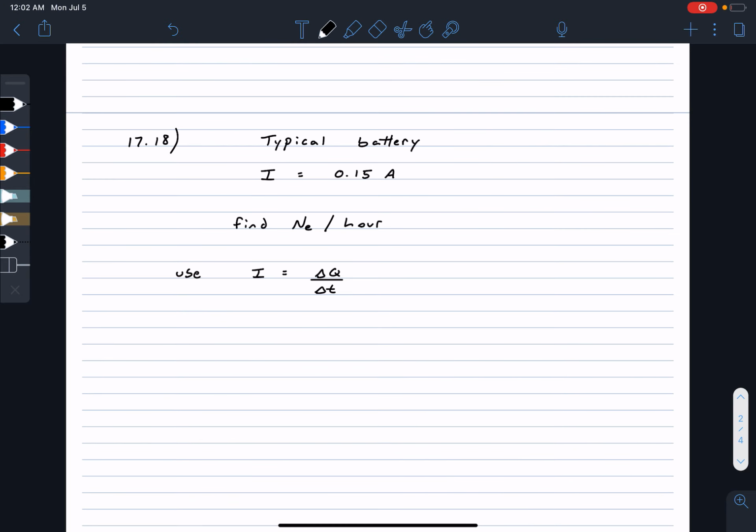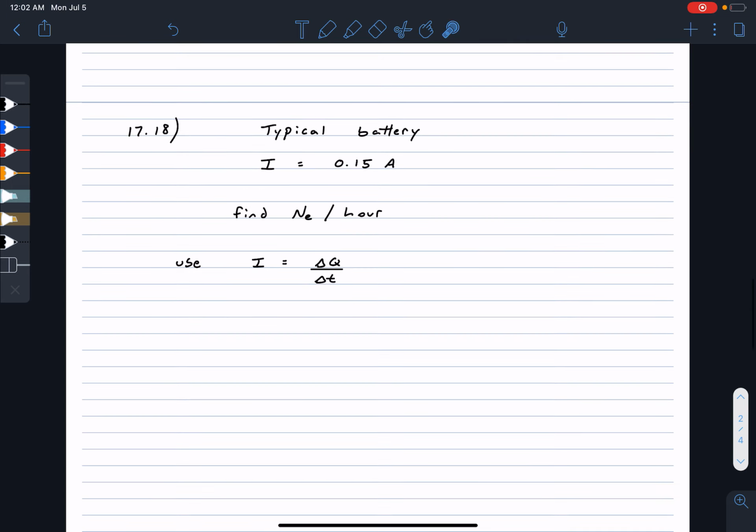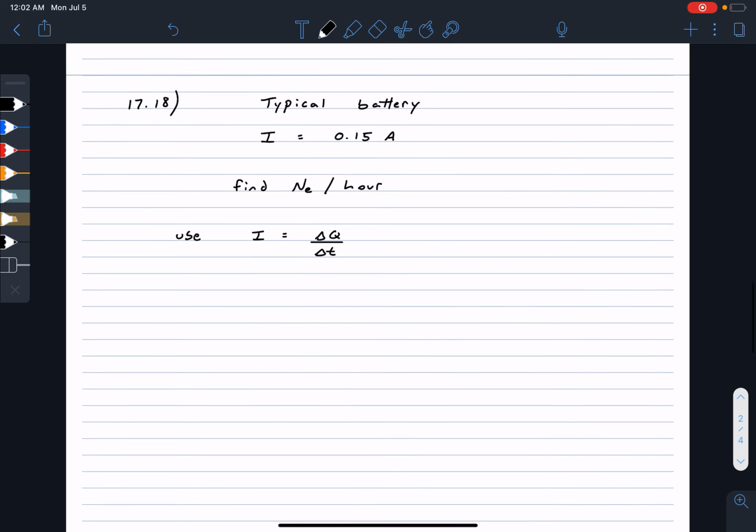We're given that for a typical battery, we have a current of 0.15 amps. We're asked to find the number of electrons per hour. Okay, so we have our standard formula for current. It's important to find the number of seconds because that's an SI unit.